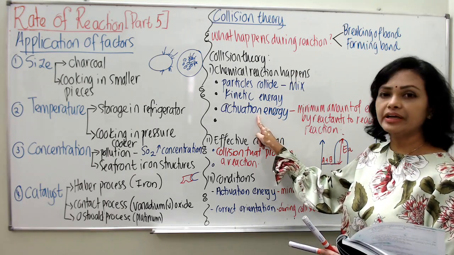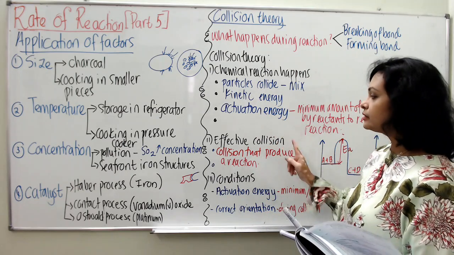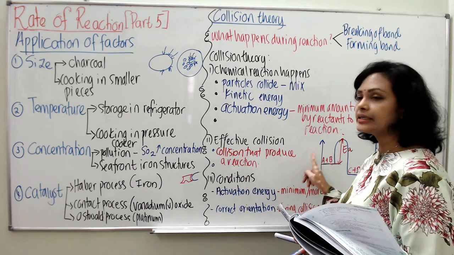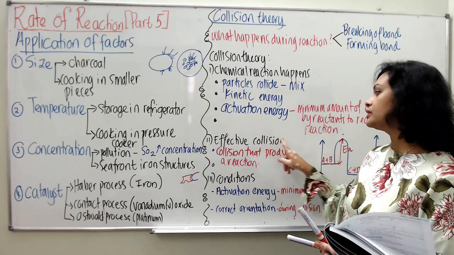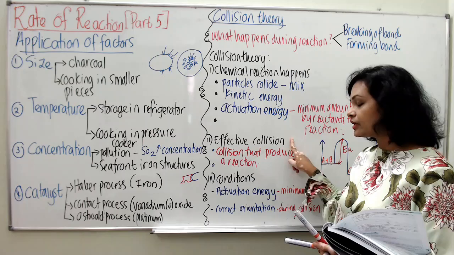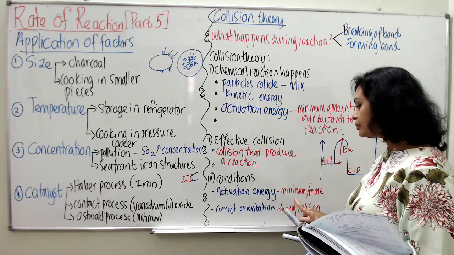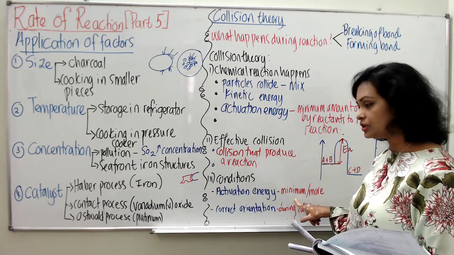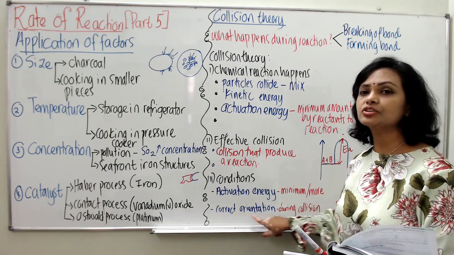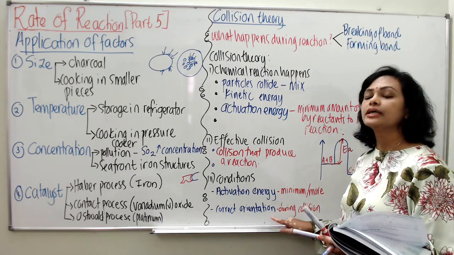They will have enough activation energy to produce a reaction. And in order to guarantee a proper reaction, they must go through effective collision. Effective collision has two conditions: they must have minimum or more activation energy, and the collision must be in correct orientation. So that will produce a reaction.